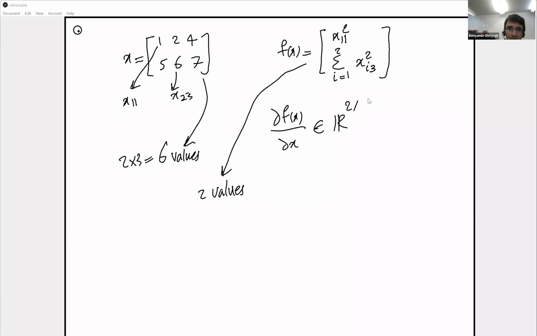This will be 2 by 3 by 2. 2 by 3 is for this, 2 rows and 3 columns of X, and this 2 is for this. Is that correct? So it will be a tensor. It will be a 3-dimensional matrix, like a cube.